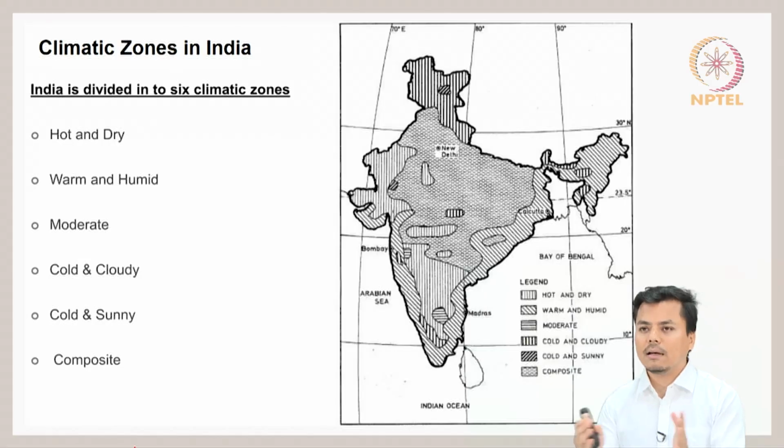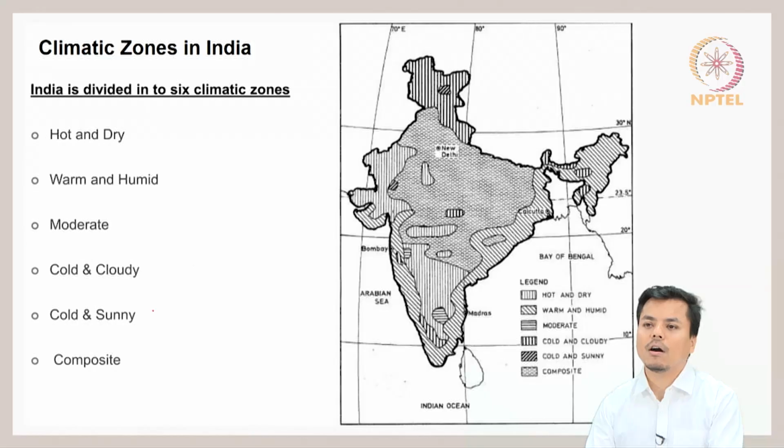Accordingly, let us see how India is geographically divided into climatic regions. Overall it is divided into 6 climatic zones, starting with hot and dry, then warm and humid, moderate, cold and cloudy, cold and sunny, and composite.